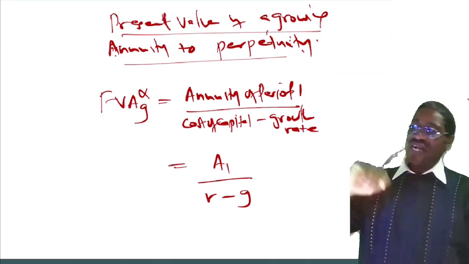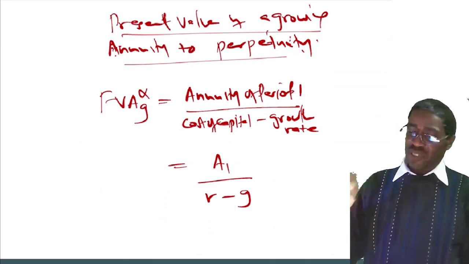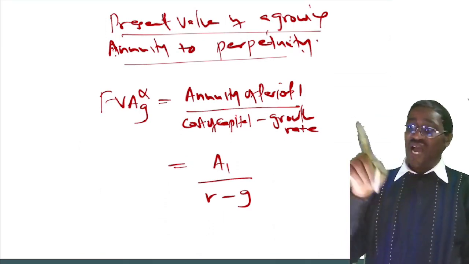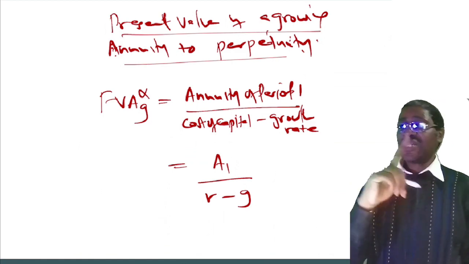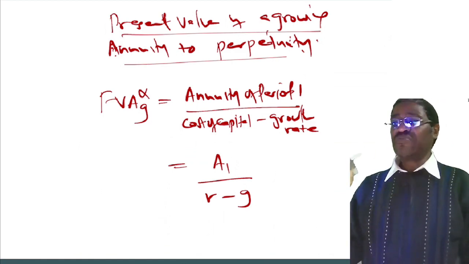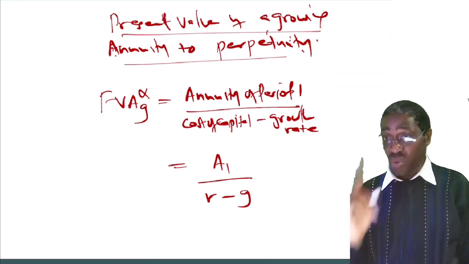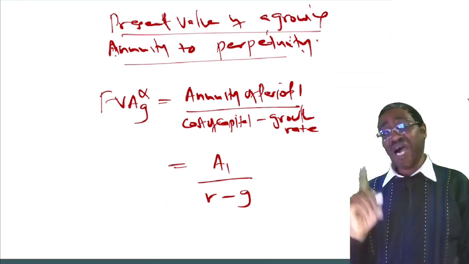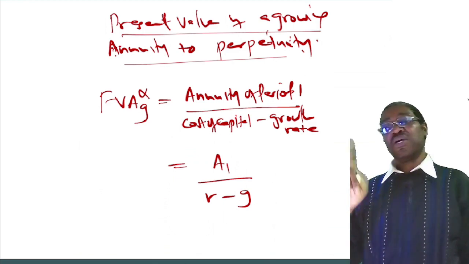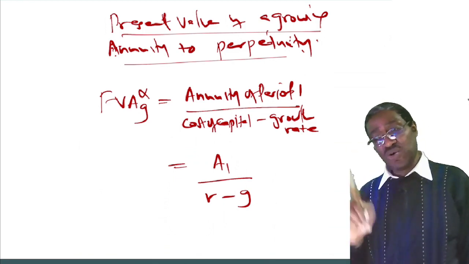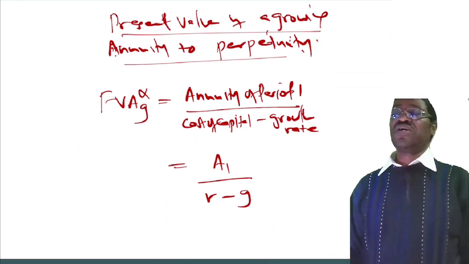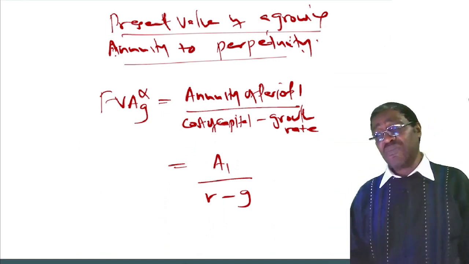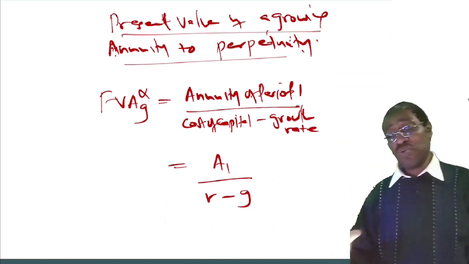It will grow at 10%. 10% of 1 million is 100,000. Add to 1 million, that gives you 1.1. That becomes the annuity of period 1. You divide that by R, which is the interest rate, minus the growth rate, whichever growth rate the question will give you. Mine, I'm assuming it will grow by 10%, whatever it will be.